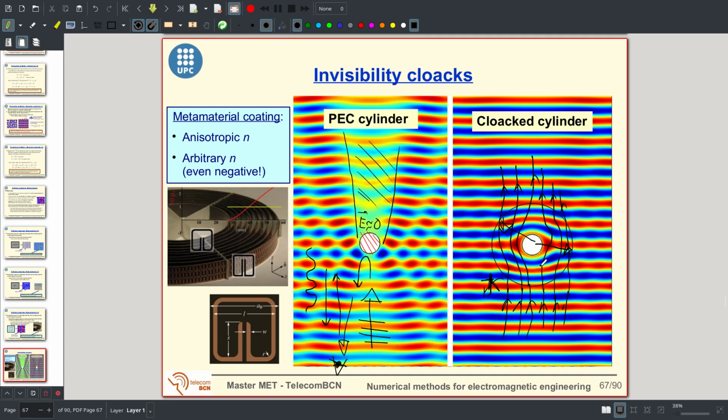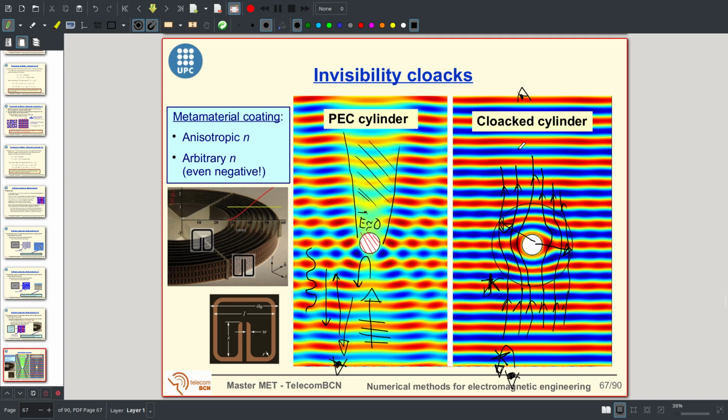If the total field is the same as the incident wave without the cylinder, then we cannot see the cylinder. Okay, we have an eye here observing. This eye sees no reflected wave, no reflected rays, and there is no shadow here. We observe from behind, we see no shadow. So we see just the incident field without perturbation.